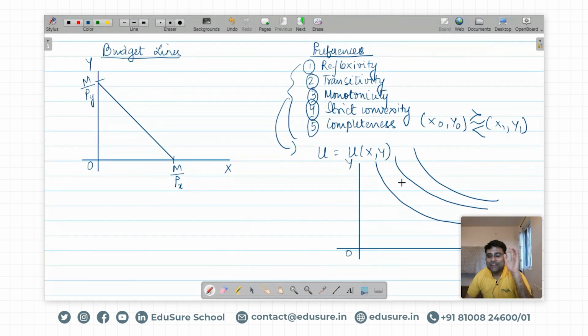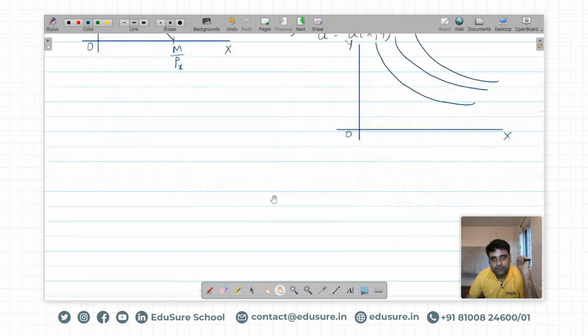Now, given typical well-behaved indifference curves and a typical linear budget line, it is important for us to talk about something called optimization. That is, how does the consumer decide on their optimal bundle?